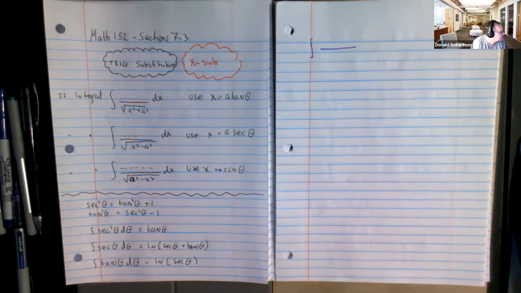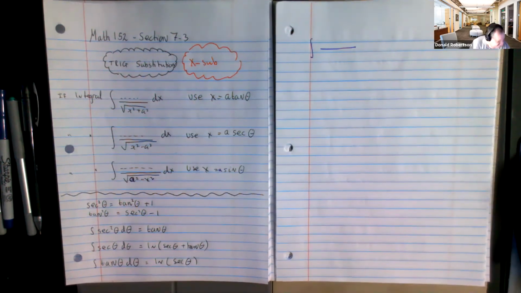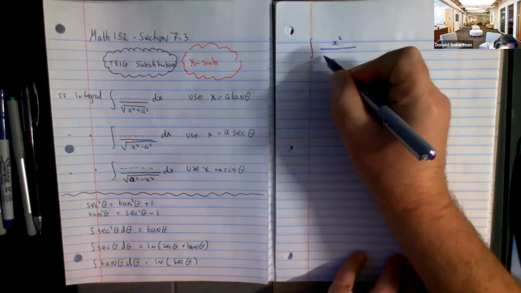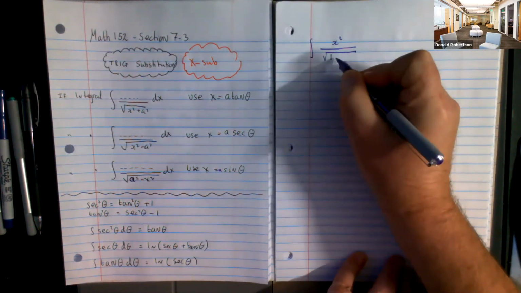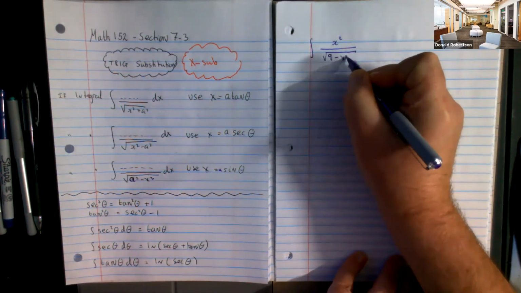Okay, here we go. X squared over the square root of 9 take away x squared dx.